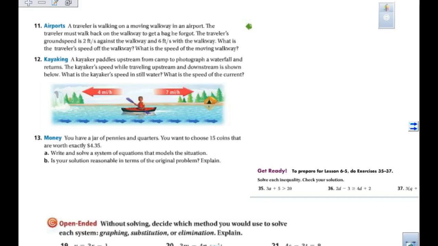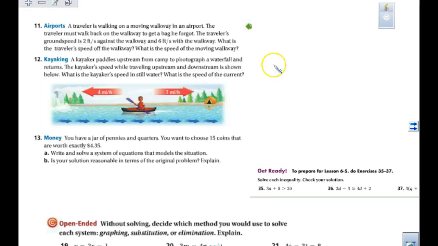All right, let's take a look at 12. Number 12. Going with the current and against. Kayakers paddling upstream. If you're going upstream, you're going usually against the current. So if we're going upstream, which one of these would you say was going upstream, the 4 or the 7? The 4.